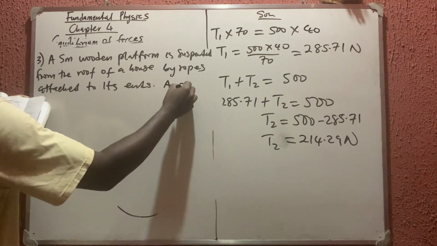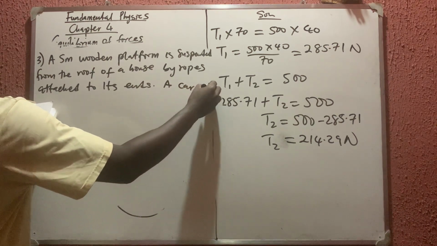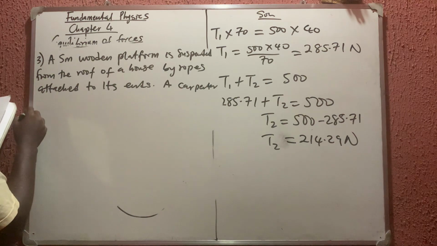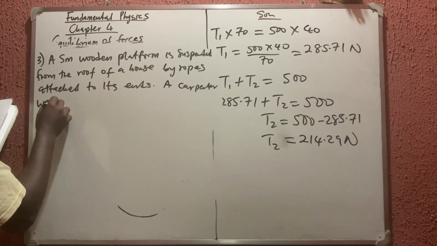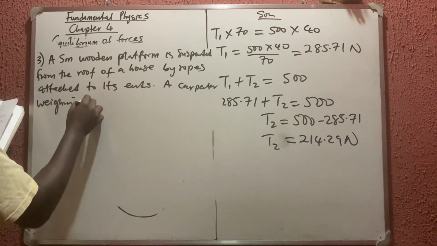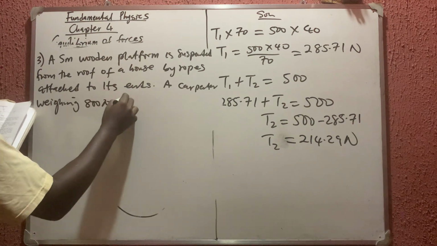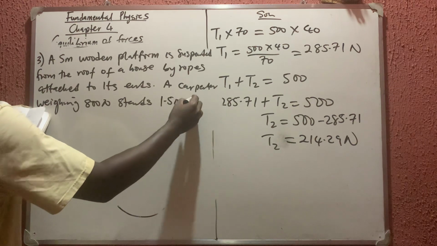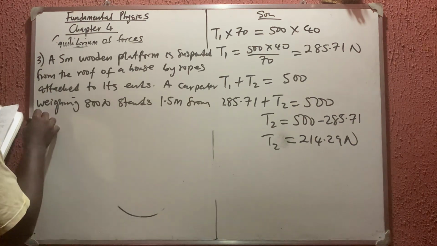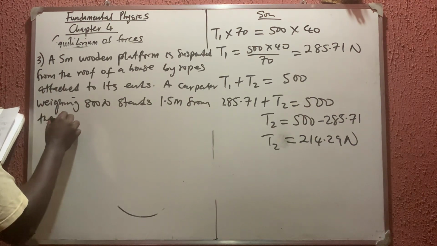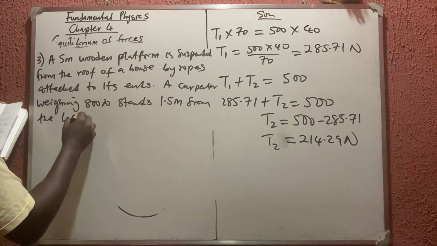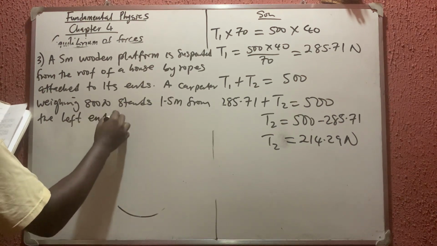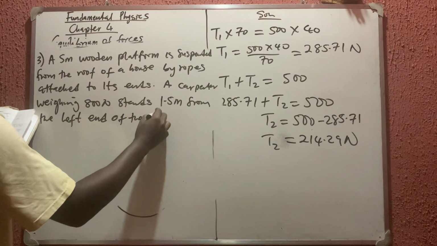Then a carpenter weighing 800 Newton stands 1.5 meter from the left end of the platform.